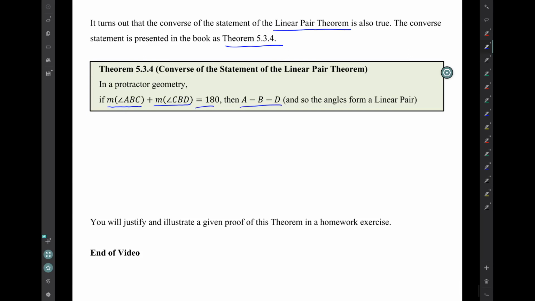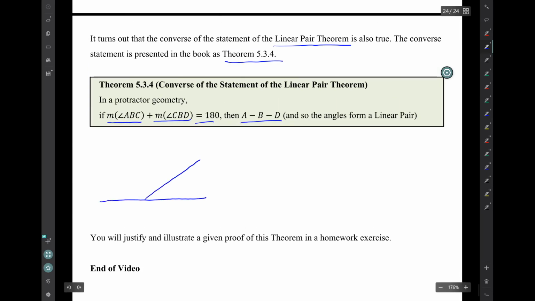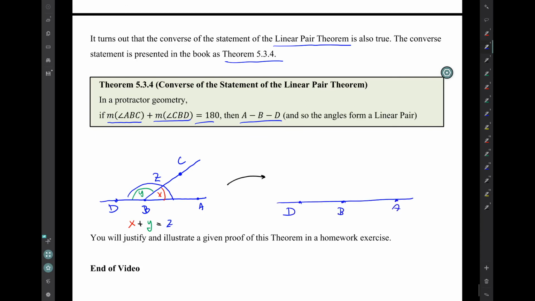So I'll illustrate that. So there's the statement of the converse of this statement of the linear pair theorem, and that's a theorem. Now you'll justify and illustrate a given proof of this in a homework exercise.